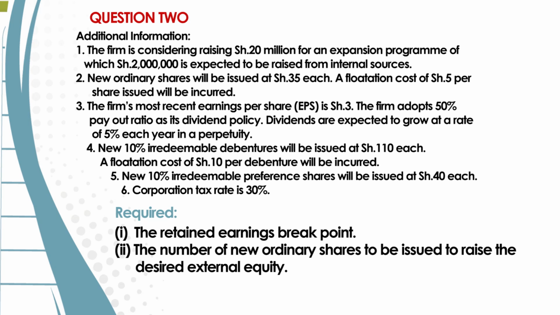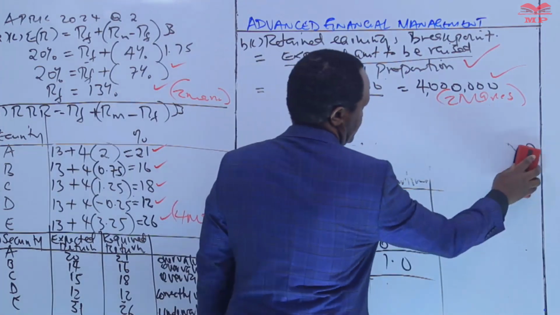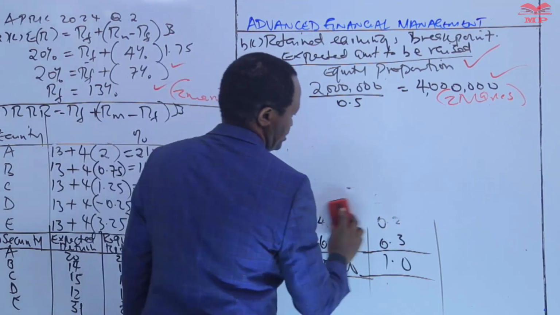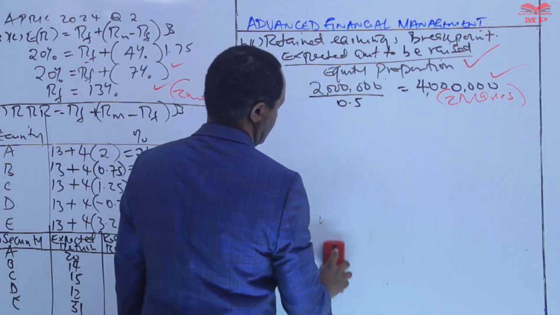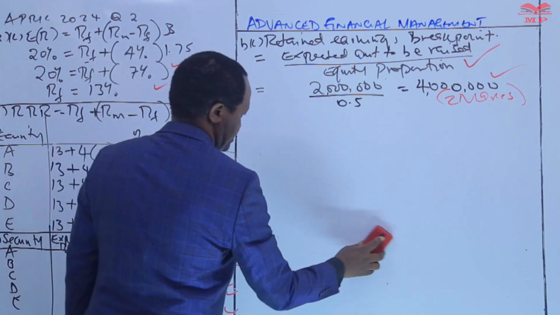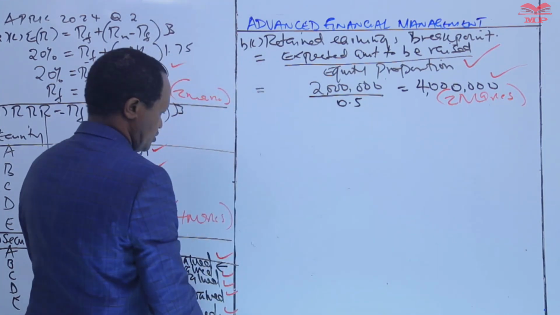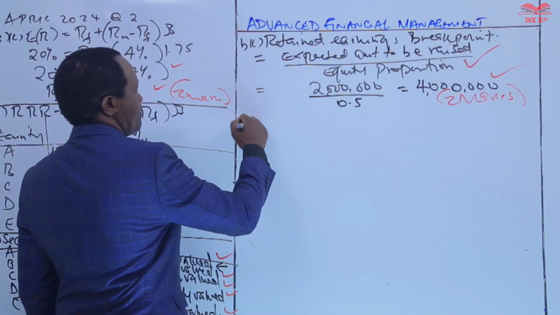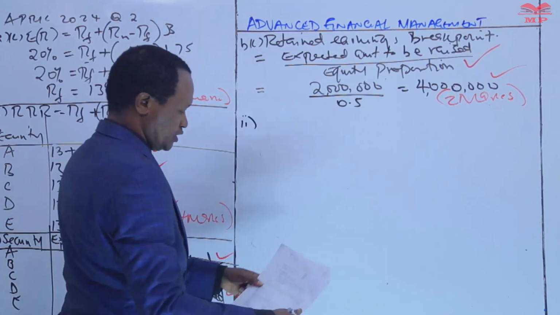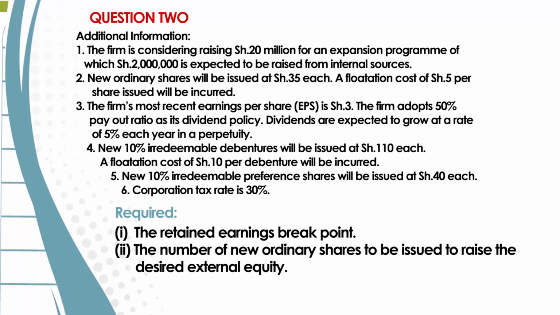Let me do away with this working so that we can calculate Roman 2, number of new ordinary shares.